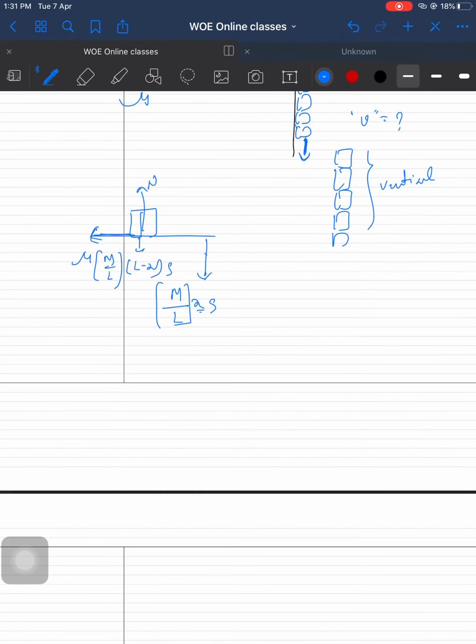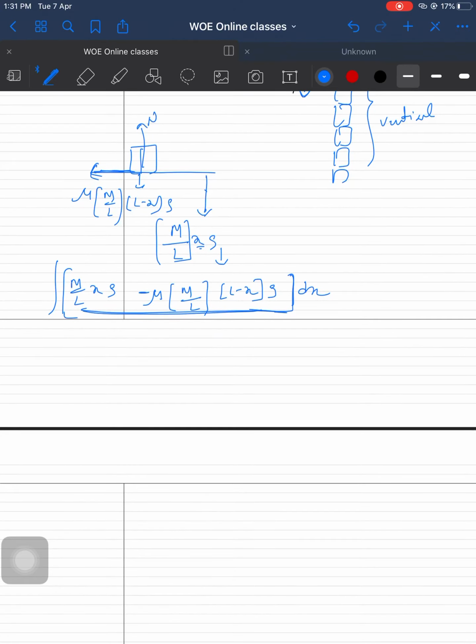Now the net force is mu m by L into (L minus x) into g, with a minus, and the downward force m by L x into g, into dx. This is the net force: downward force minus frictional force.